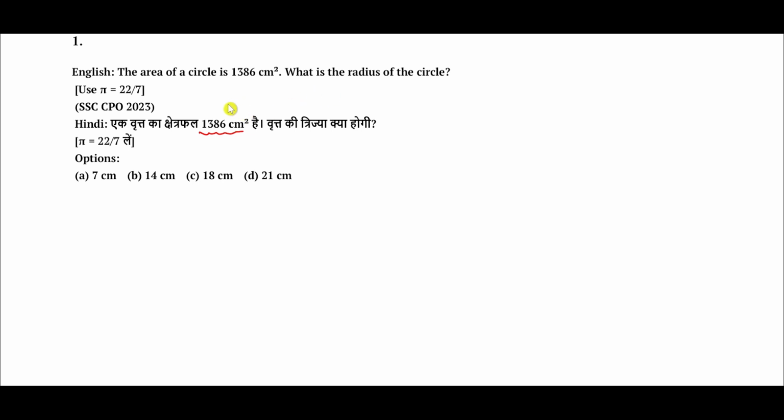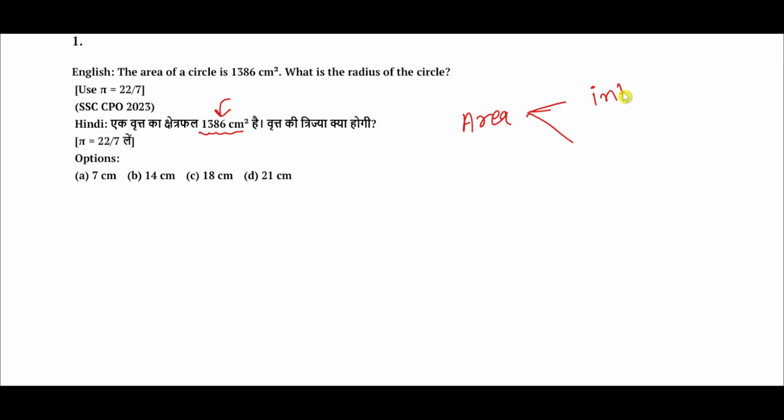Now observe this area. What is the nature of this area? Nature of the area means whether the area is an integer or a decimal. Area is integer or decimal?